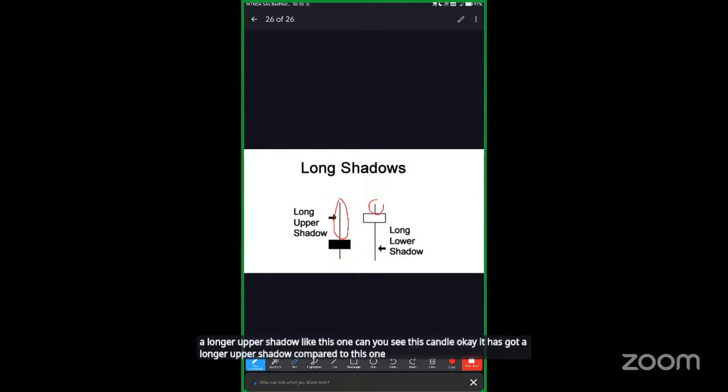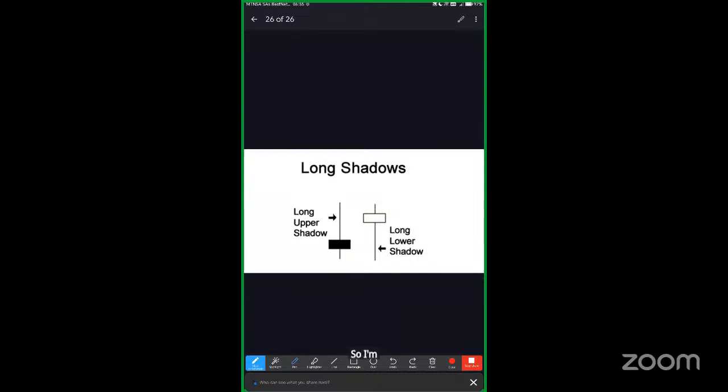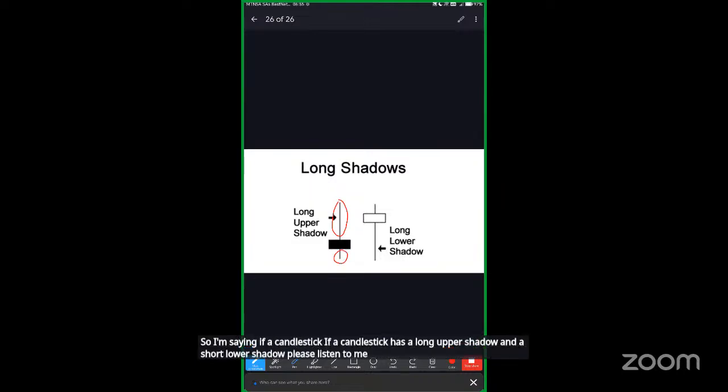This one is shorter, this one is longer, the shadow, right? So I'm saying if a candlestick has a long upper shadow and a short lower shadow, please listen to me. I'm talking about shadows here, and specifically about long shadows. Do they carry important information to you as a trader?